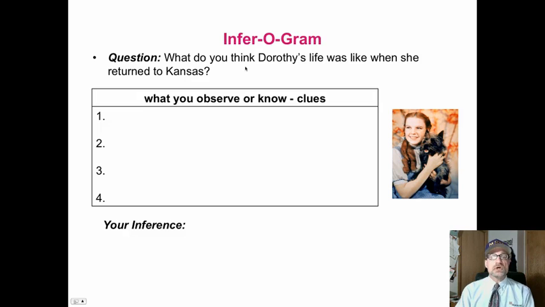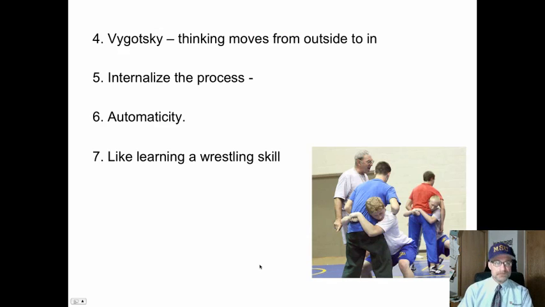For instance, what do you think Dorothy's life was like when she returned to Kansas? Here are the clues and then our inferences. This idea is based on Vygotsky's theory that thinking moves from outside to in. We teach it explicitly, that's the outside, and eventually students internalize the process.